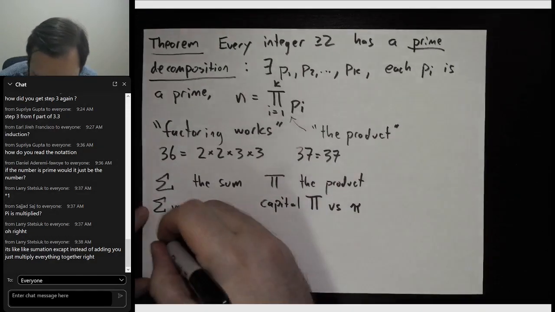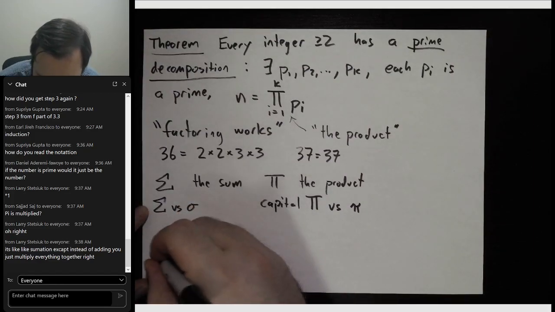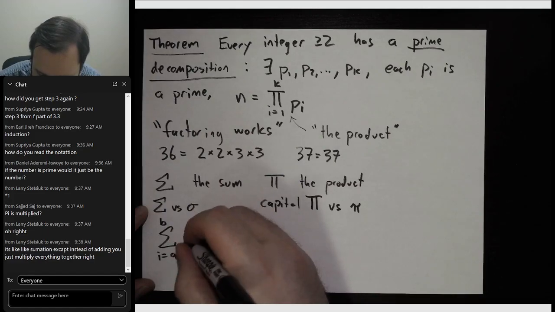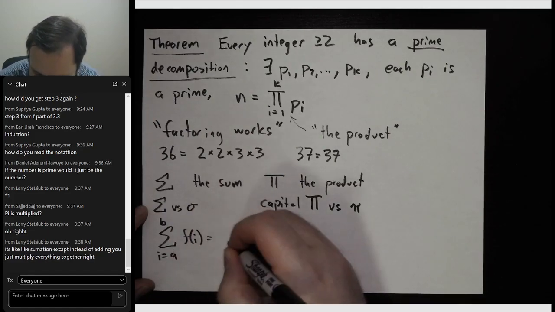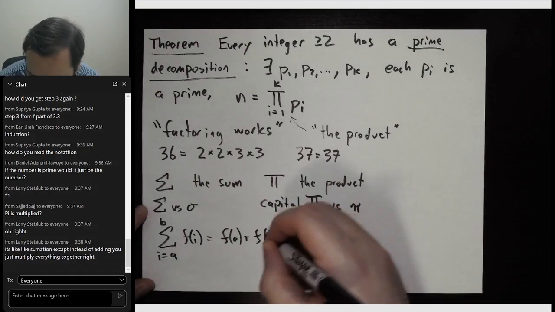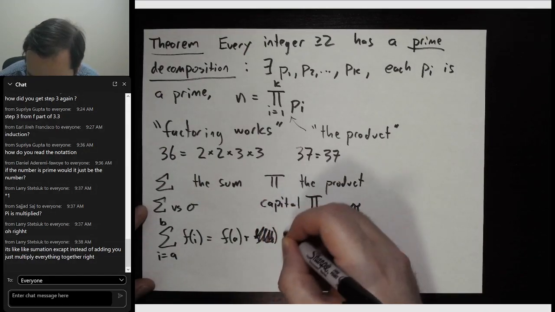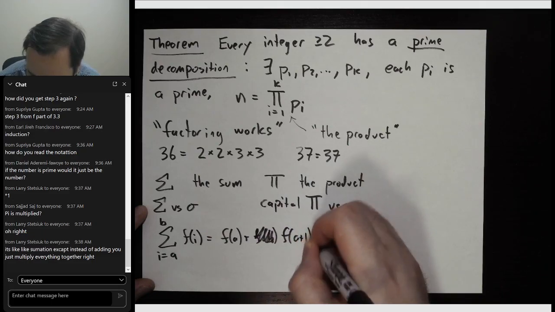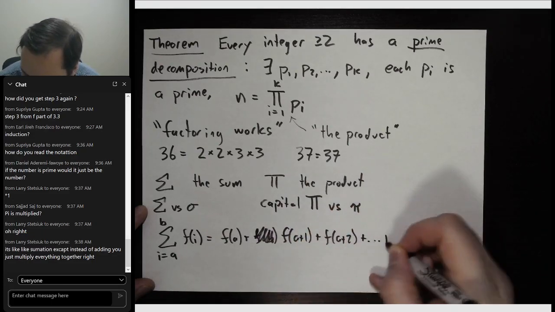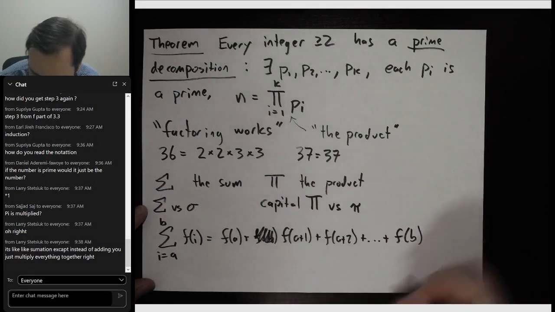Yeah, exactly. So sum from i equals a to b of f of i is f of a plus f of a plus 1 plus f of a plus 2 plus all the way up to f of b.